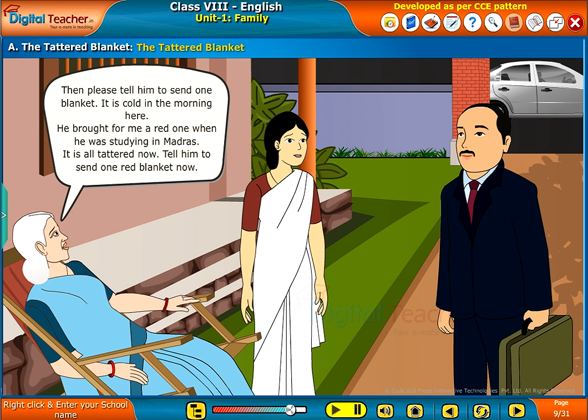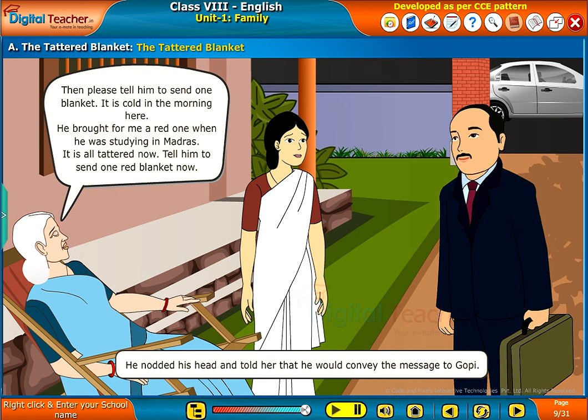It is cold in the morning here. He brought for me a red one when he was studying in Madras. It is all tattered now. Tell him to send one red blanket now. He nodded his head and told her that he would convey the message to Gopi.